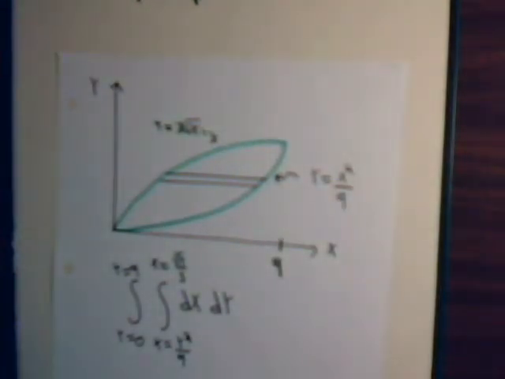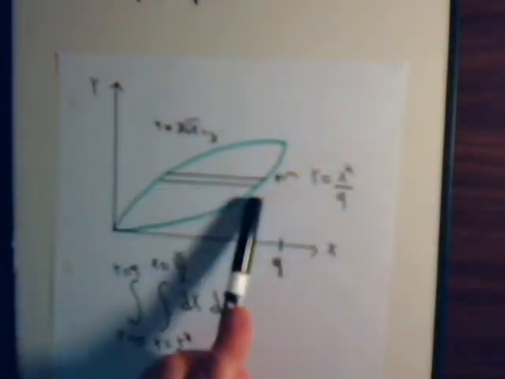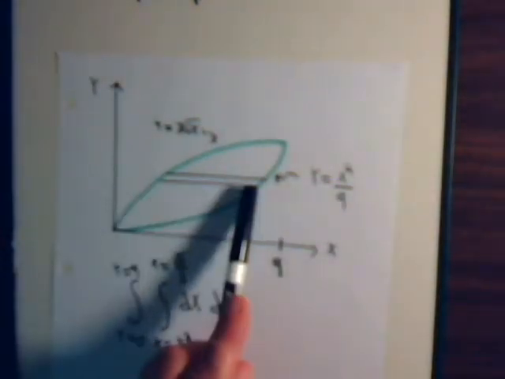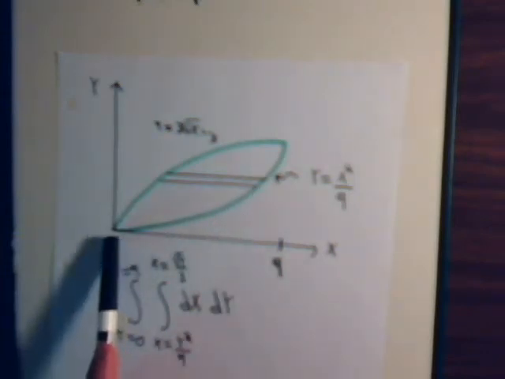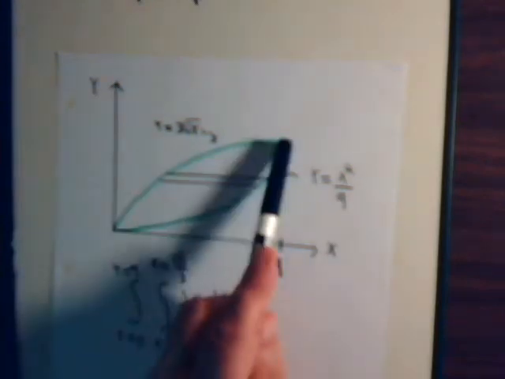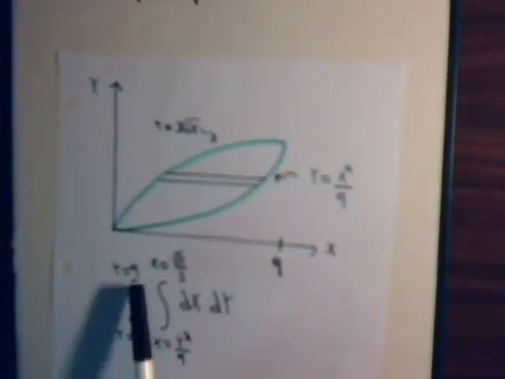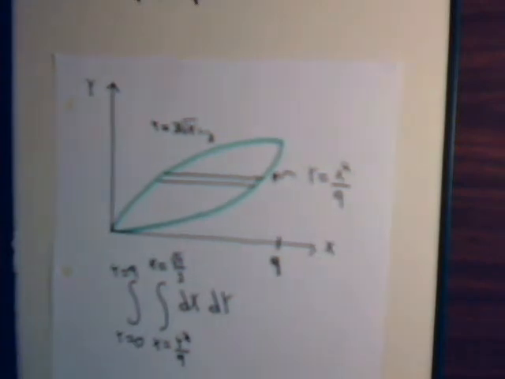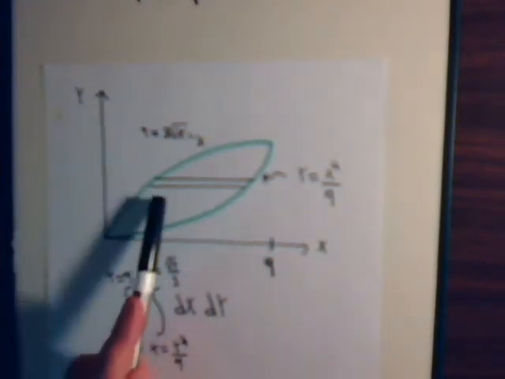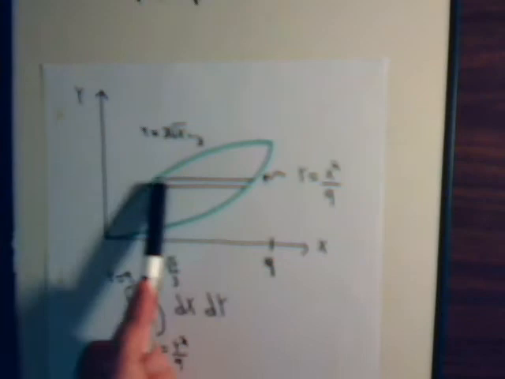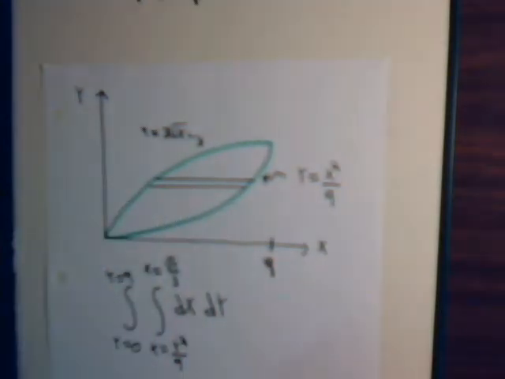Then we add up the area of all of these strips, starting down here where y equals 0, and keep going until y equals 9. There are the limits for y. So that's a multiple integral when we're summing using horizontal strips.